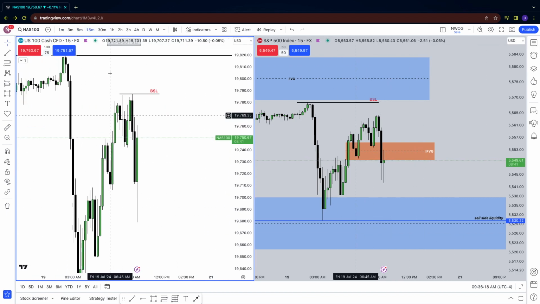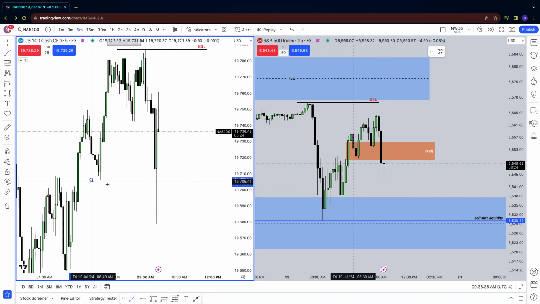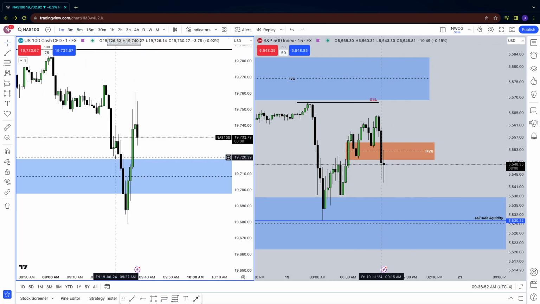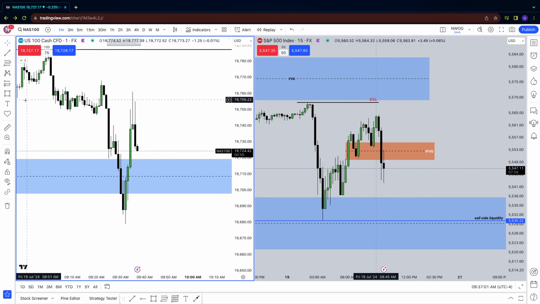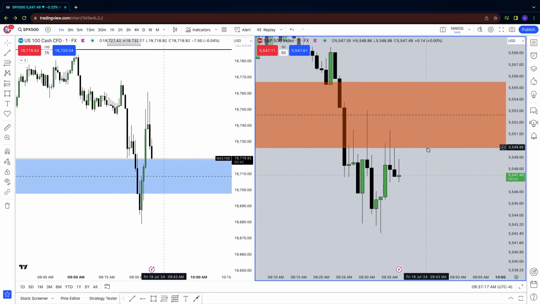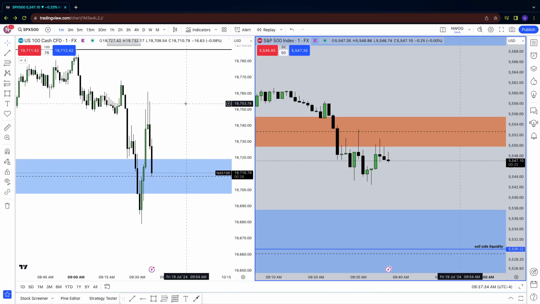So from here, of course, the opening began. Then it took that short-term low out, which I highlighted, the sell side liquidity. And of course, from there, it dug into the inefficiency in a discount. So from here, it left a fair value gap. And of course, I was looking for a rejection.